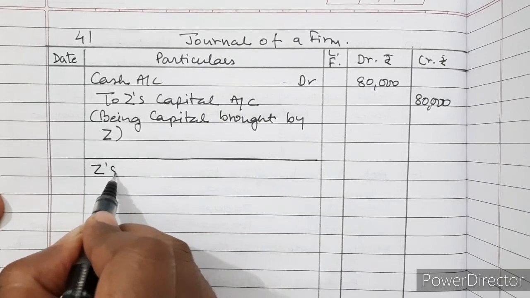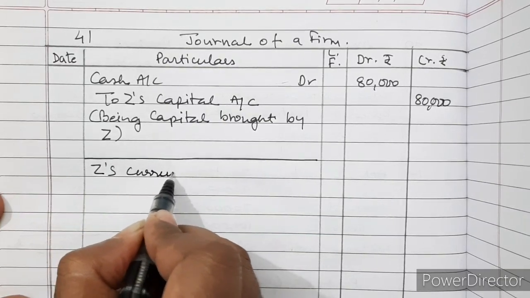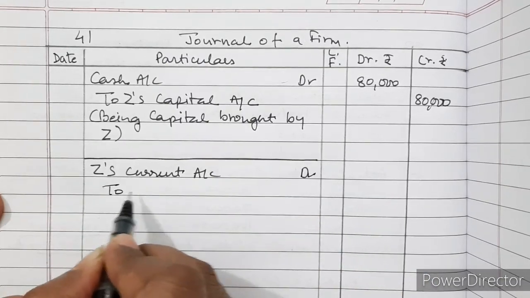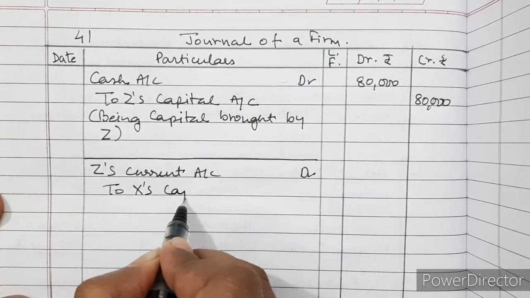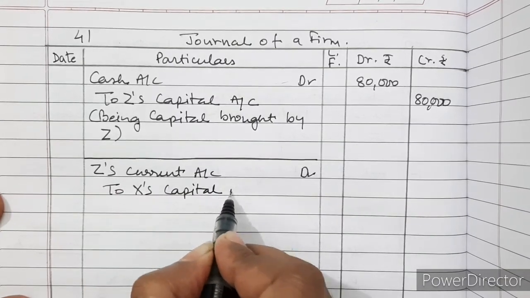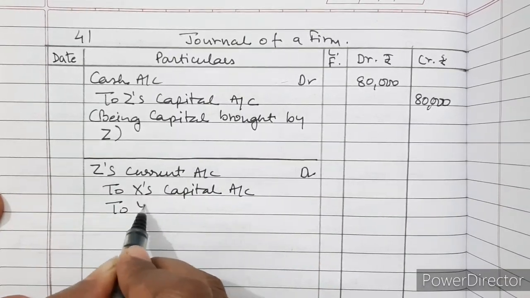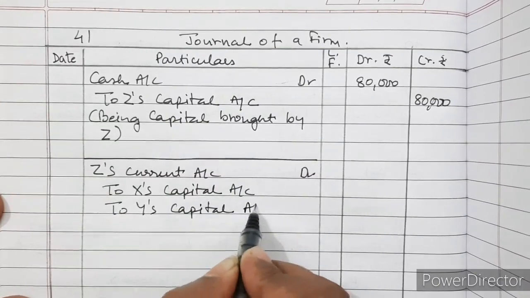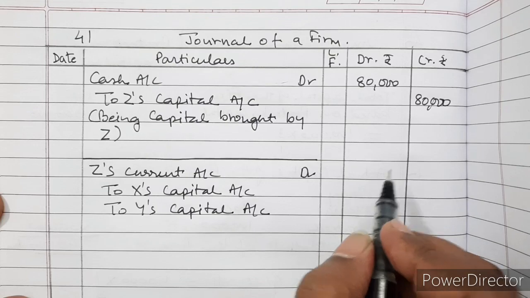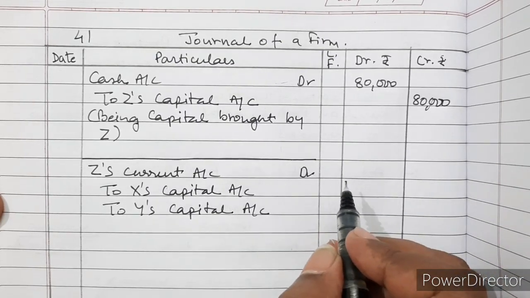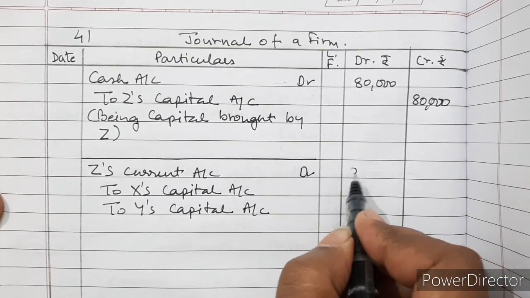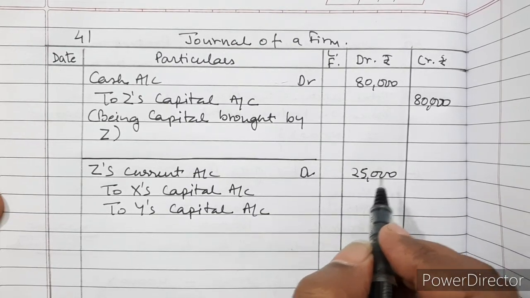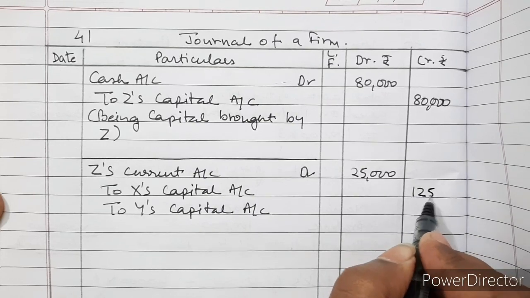So Z's current account debited to X's capital account and to Y's capital account. And his portion of goodwill is 25,000. And nothing is said about it, so their sacrificing ratio is also equal.